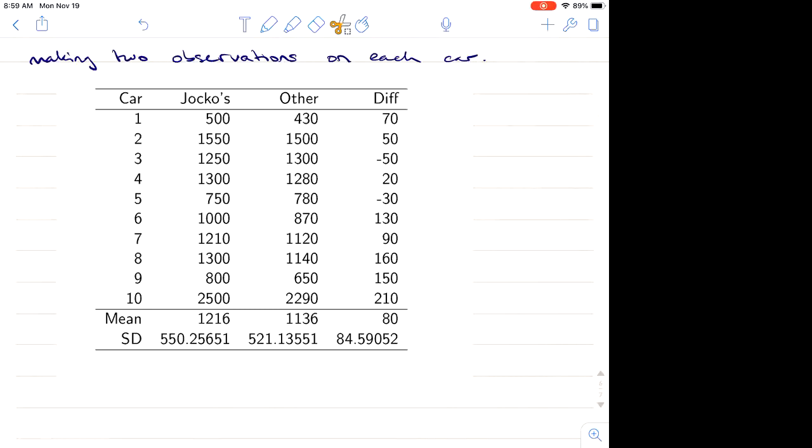So we can't actually just subtract across. It works for the means, but that's only because of how means are calculated. Remember, the standard deviation has sums and square roots in there. So it actually doesn't translate to just subtracting across. So that's why I have to give you the standard deviation of the differences. Okay.